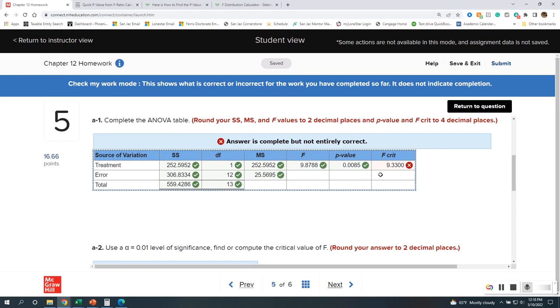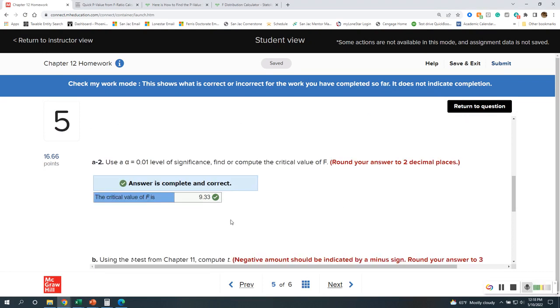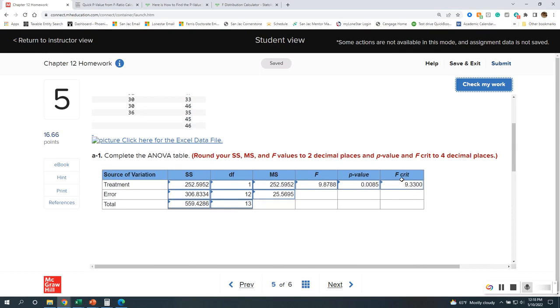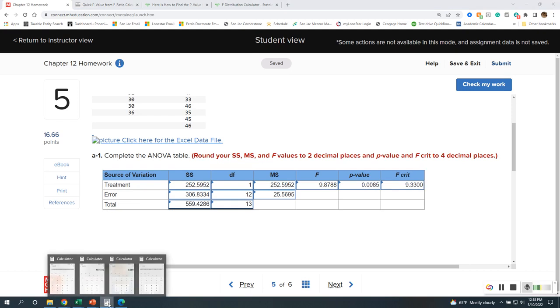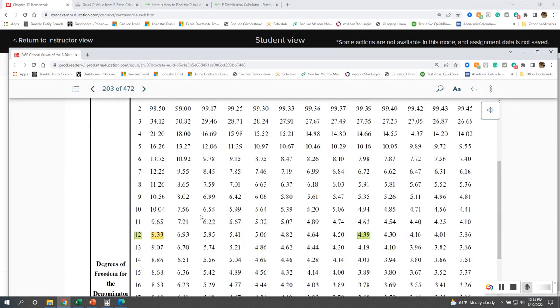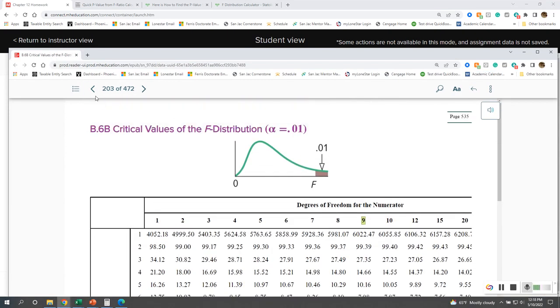Huh. So we know it is correct at 9.33. There's our crit. So it does come out the same. So I wonder if this will go to 0.05. So let's try both of those. Because sometimes they may do that.